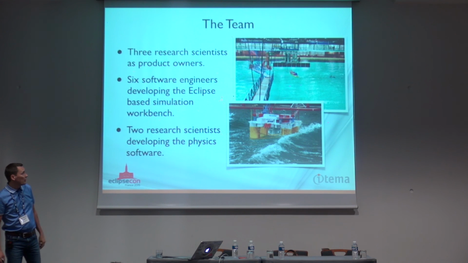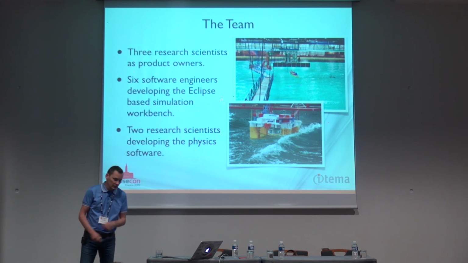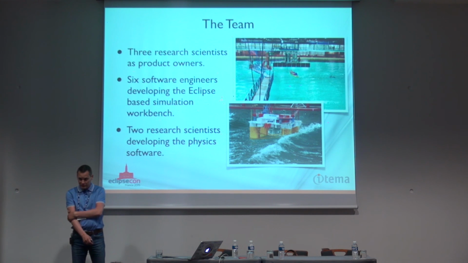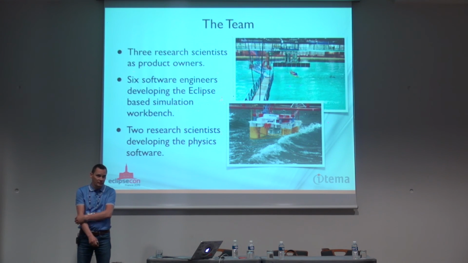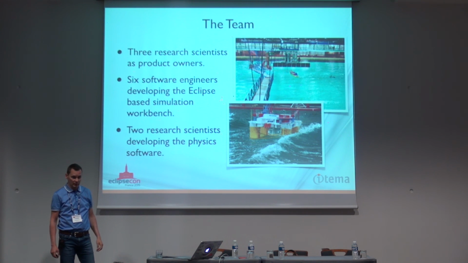The picture to the right there is from one of the laboratories. It's called the Ocean Basin. It's a swimming pool, basically, 50 times 80 meters. It has a seabed. The bottom can be raised, so you can get depths up to 10 meters and nothing.